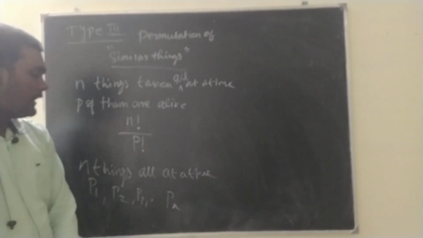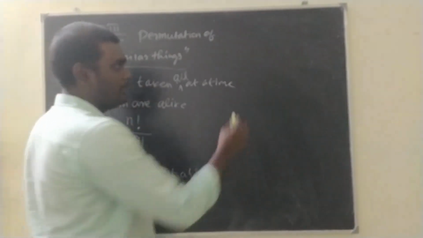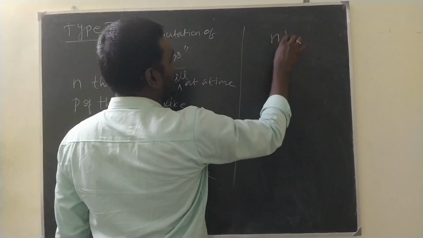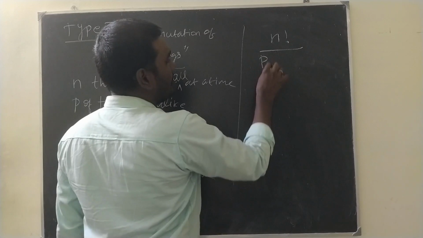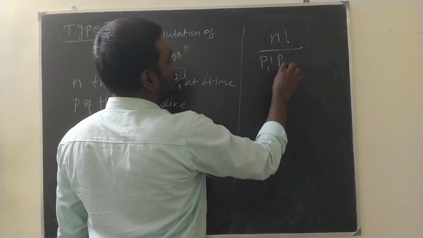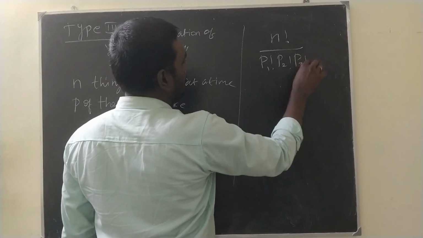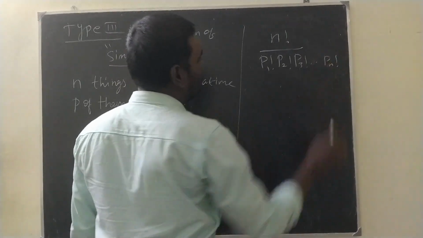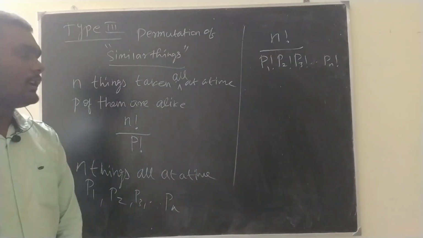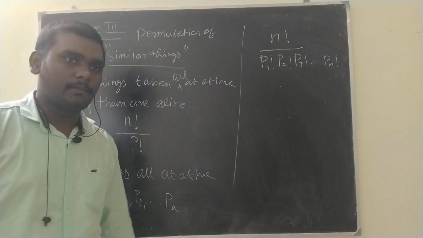In that case, the number of permutations is n factorial by P1 factorial, P2 factorial, P3 factorial, up to Pn factorial. If you couldn't understand, we will see examples for this.